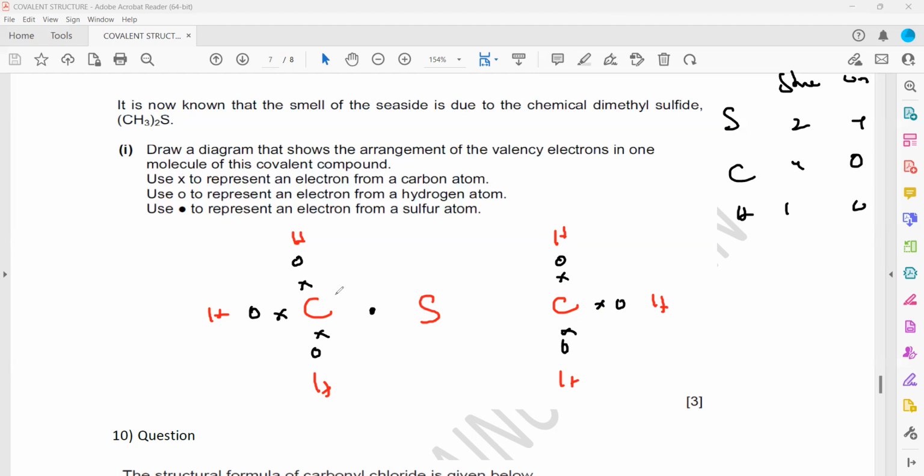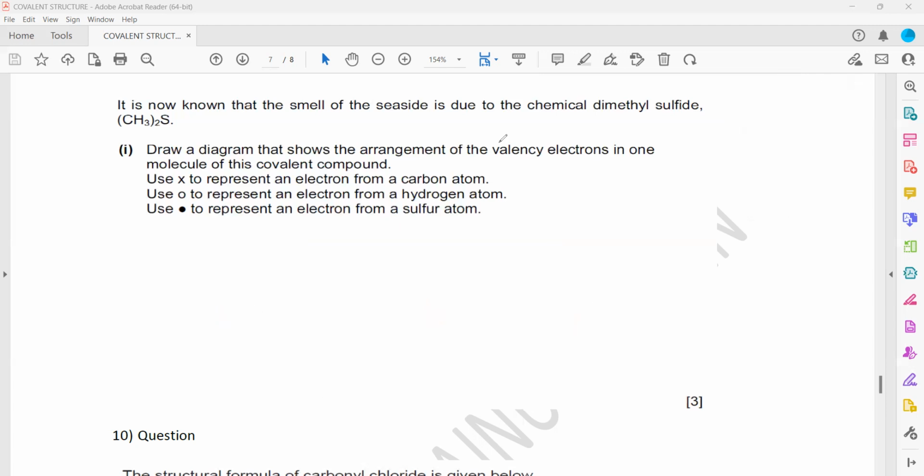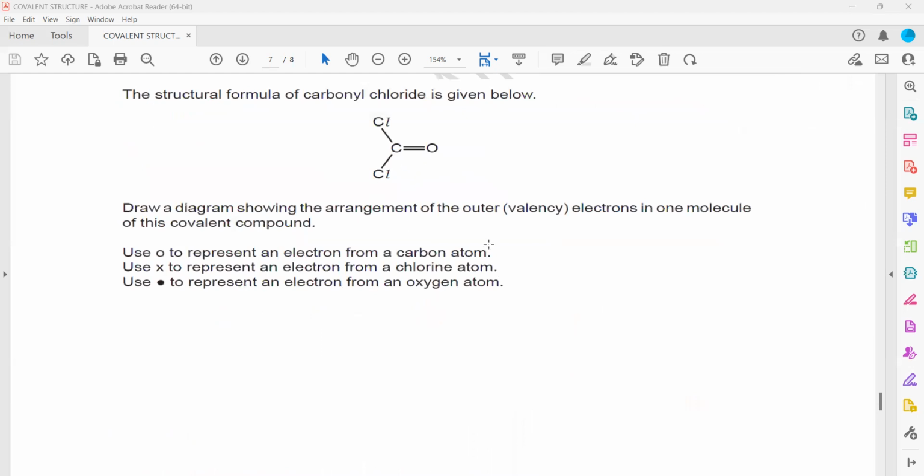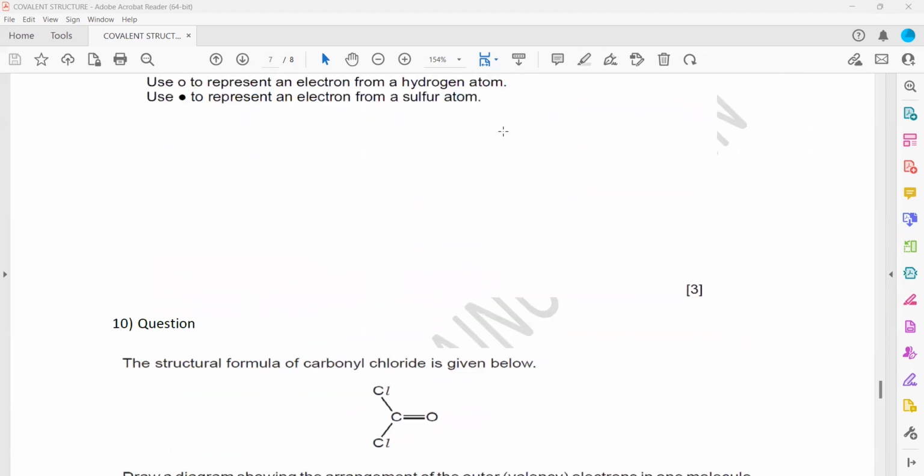So sulfur shares 1, carbon shares 1, sulfur shares 1, carbon shares 1. And unshared will be 4, so 1, 2, 3, 4. This is the structure of dimethyl sulfide. So it's important that you remember the group: you will have the periodic table, use the group number to answer this. Then this is the same question, carbonyl chloride, which we discussed.